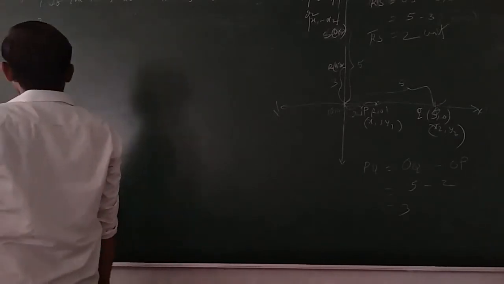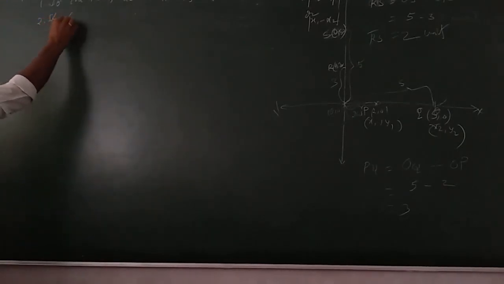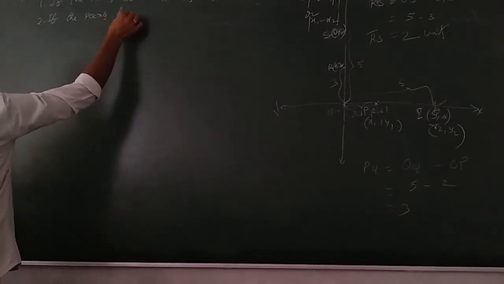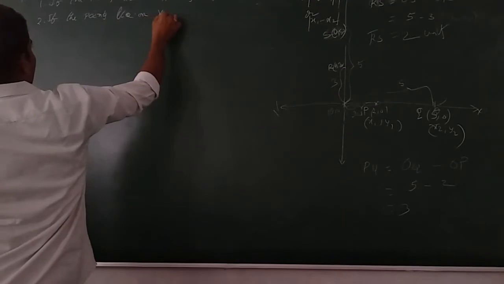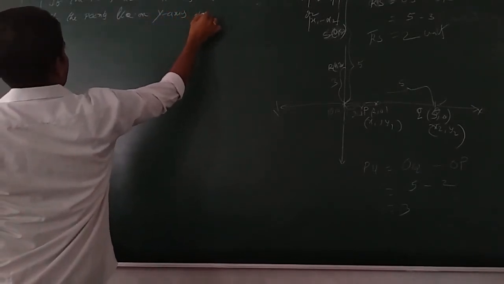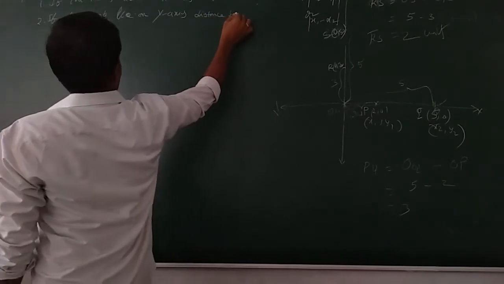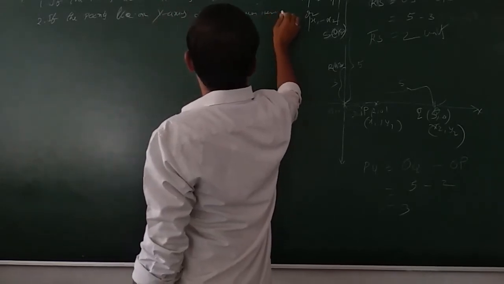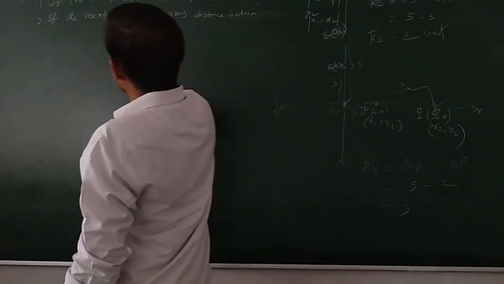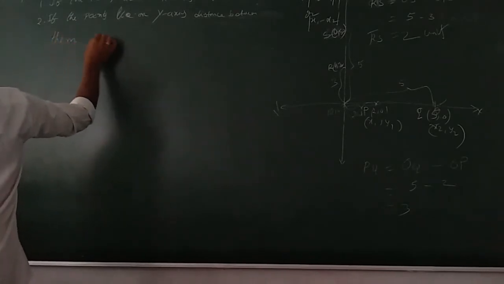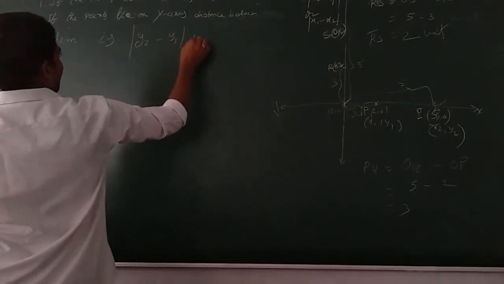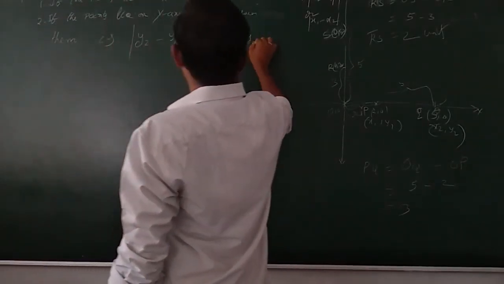Second point. If the points lie on y-axis, distance between them is modulus of y2 minus y1 or modulus of y1 minus y2.